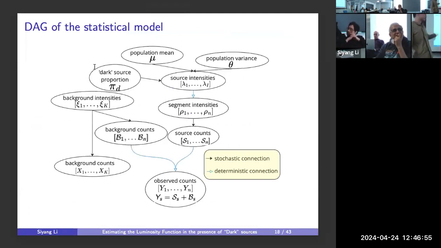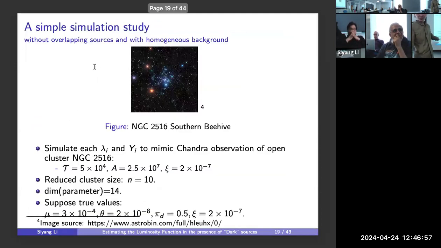And with this model, we just do a very simple simulation study. For the start, we assume that there are no overlaps between the source regions, and that for now the background is homogeneous.